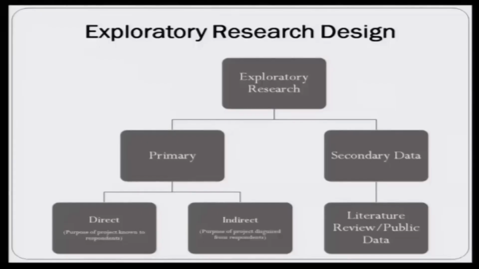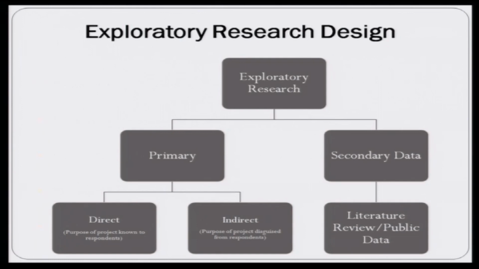Then you have the primary data that is collected specifically for the problem at hand. In the exploratory type also you have two types, direct techniques of data collection and indirect techniques of data collection. We will talk about both.